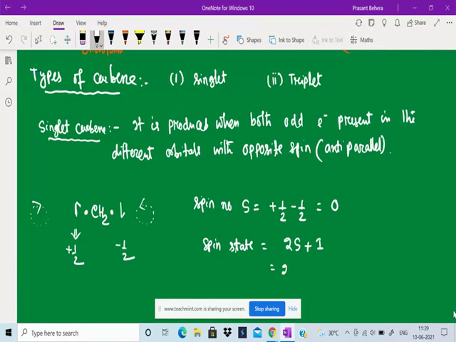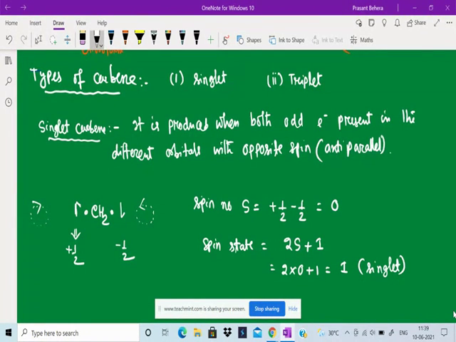That means 2 into 0 plus 1, that is 1. 1 means it is called singlet. Why is it called singlet? Because its spin multiplicity is 1. Hence it is called the singlet carbene.